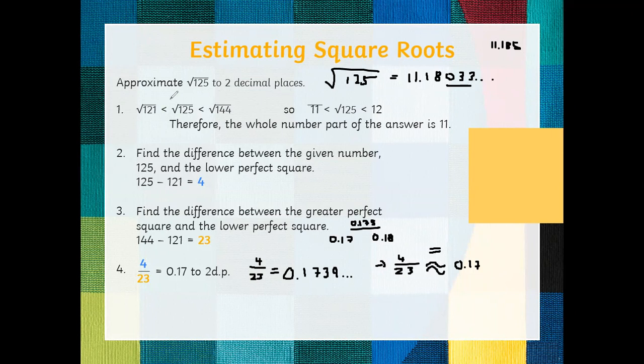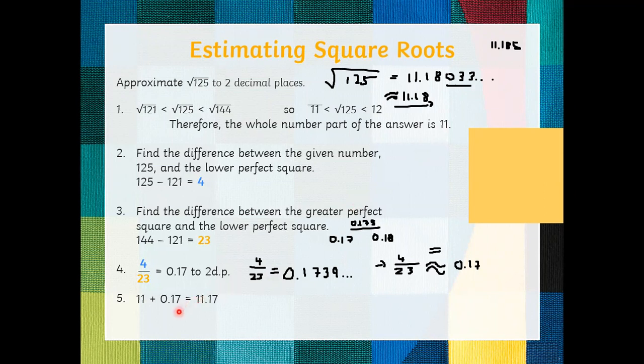So if we approximate the square root of 125 to 2 decimal places, we will get 11.18. So the answer, you could write the squiggly equal signs. Yeah, let's move on to the next one.